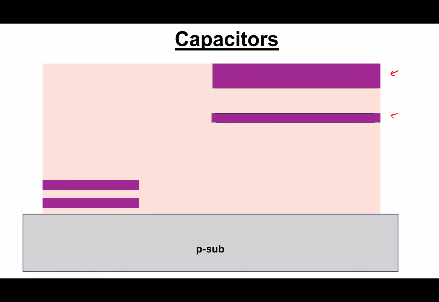But it turns out if you make the capacitor using the bottom metals, you get the required capacitance, yes, but you also have a parasitic capacitor from this to the substrate. So although you want to make a capacitor like this, you see that from the bottom plate you have an additional parasitic capacitor to the substrate, correct?